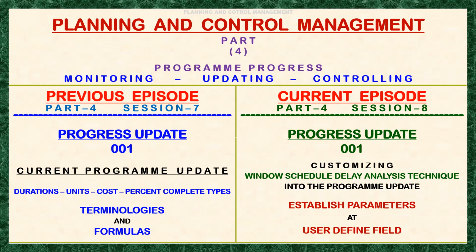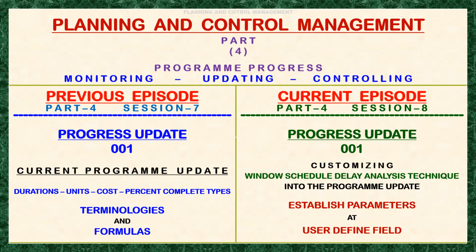I have only seen the window schedule and delay analysis prepared in Excel spreadsheet. This means that if the client does not agree with this scheme, then you as a scheduler or planner will be obliged to create 2 sets of programs with and without the window schedule delay analysis. The one without the window schedule delay analysis will be officially submitted regularly to the client.